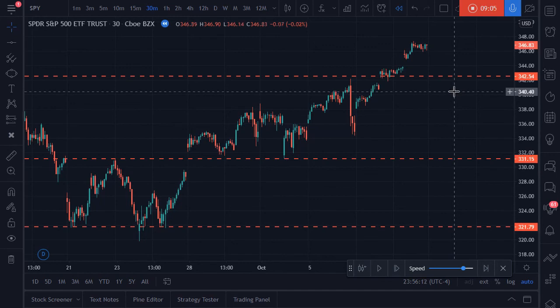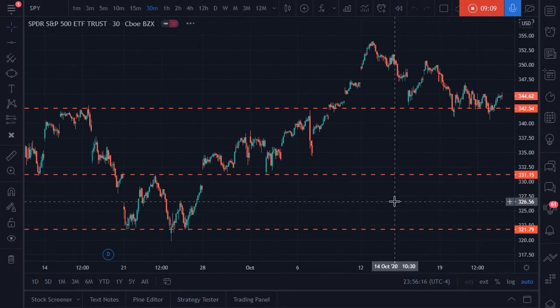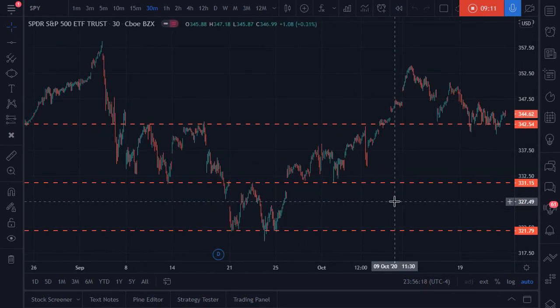So this takes practice. But I want you to try, as an exercise, drawing up these levels on your charts. You can use the indicators that you typically use. If you're using, say, RSI, you want to see where it gets overextended at one of these levels. That could be a great confluence of signals to go on.